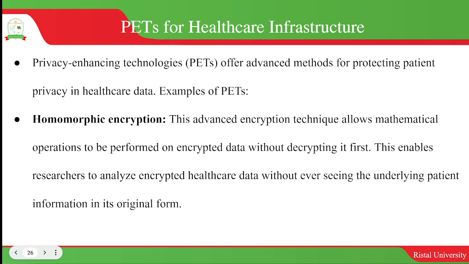Okay, so let's look at the first one, which is homomorphic encryption. I'm not pronouncing it very well, I don't know why. Homomorphic encryption. So what does this really mean?